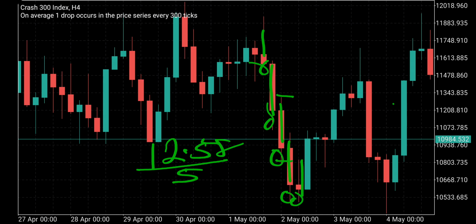That is simply what the moving average does. It's going to give you the average movement. That's why some people say moving average is a lagging indicator. All indicators lag, but you must know how to use them. So let's divide that 12.58 by 5. That gives us 2.516.